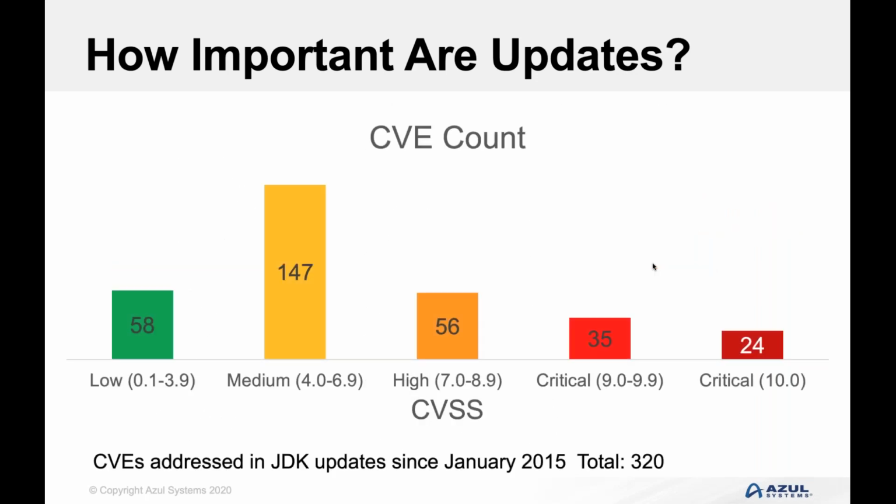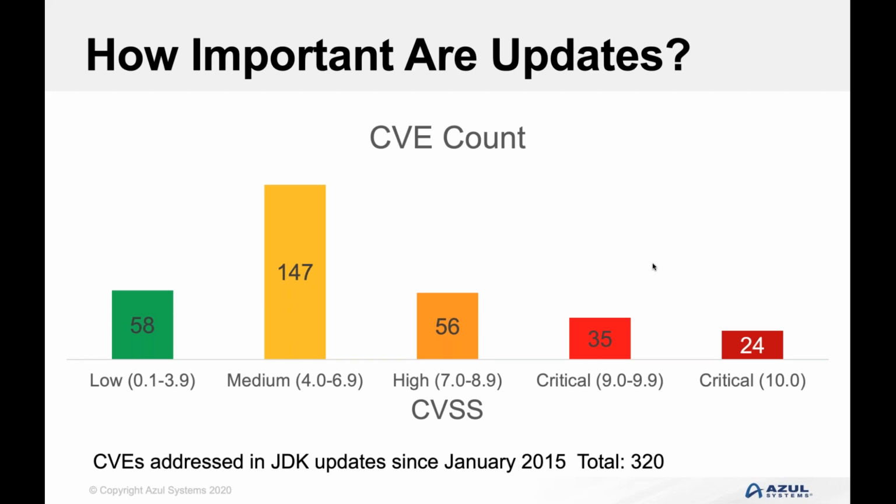Looking at that in a slightly different way, what I did was I went back through all of the updates from January 2015, so a bit over 5 years, and looked at all the CVEs that were included in those updates, and broke it down in terms of the bandings of those CVEs. And we can see that there were a total of 320, and certainly there was a reasonable number of low ones that we don't need to be too concerned about, quite a lot of medium ones, 147, but then there was still a significant number of high, 56, and then I broke critical down into 2 categories.